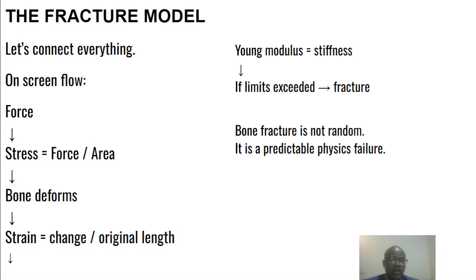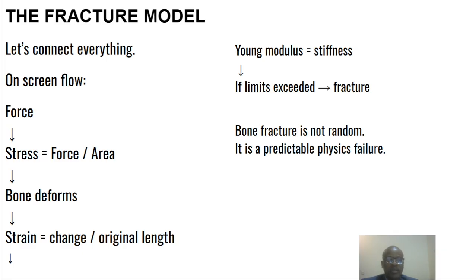If you remember, the question we sought to answer from this lesson. Can anybody remind me the question? The question was, can physics predict a bone fracture? So you can see from all we have done, the explanation and the problems we're able to solve, that bone fracture or material failure is not random.